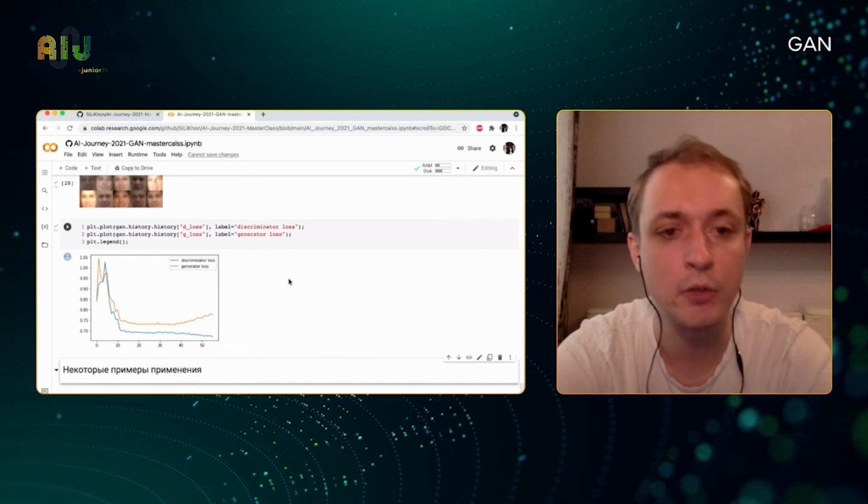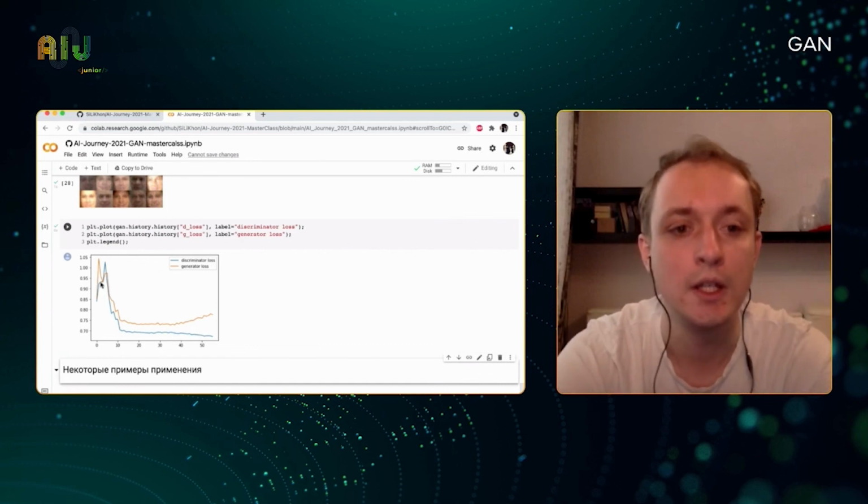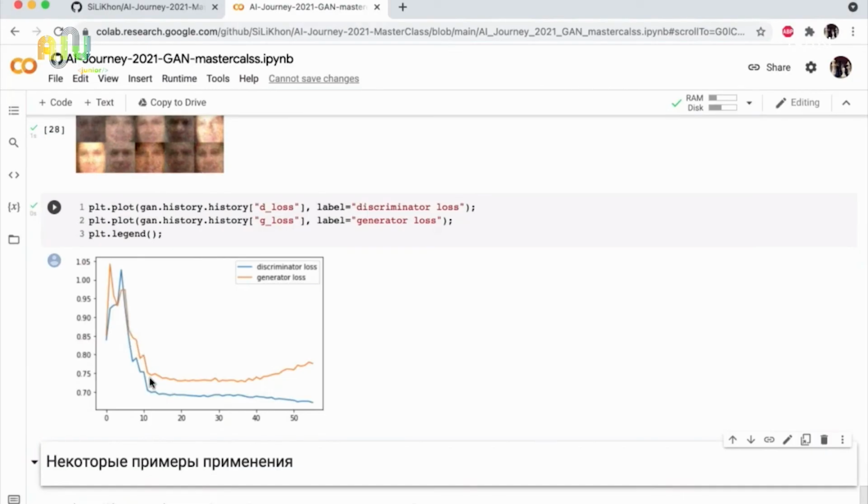There's a fragment of code that shows training curves, depending on our loss function and epochs. We see that at some point they were getting trained and they got saturated, and then the generator loss goes up and the discriminator loss goes down. It means that the training system with 2 competing neural networks is not stable.